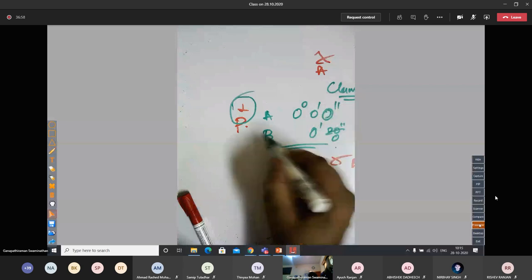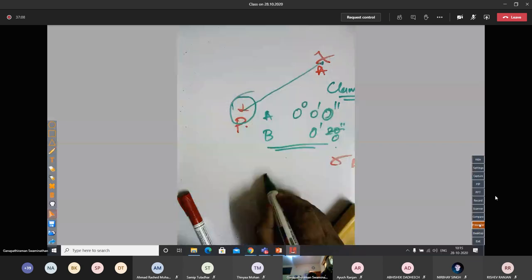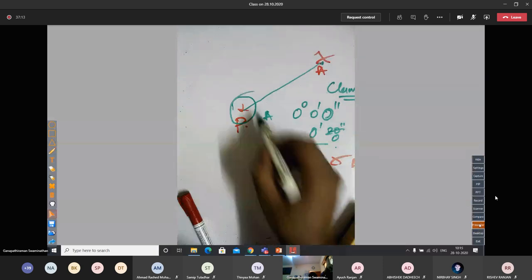Now I use the horizontal clamp. I keep a ranging rod over here, bisect the point A. Now what will be my reading? 0 degree, 0 minute and 0 second. Now the horizontal clamp is clamped.